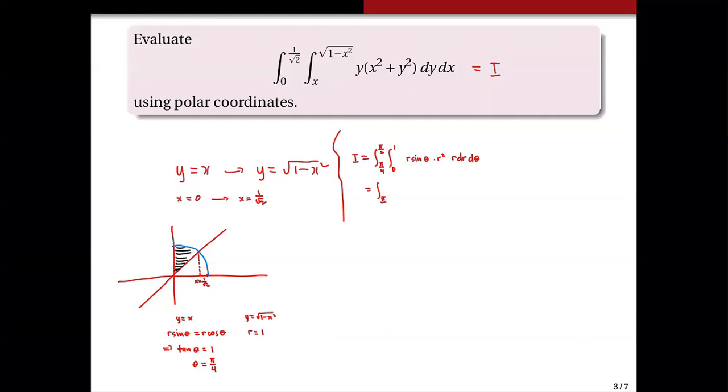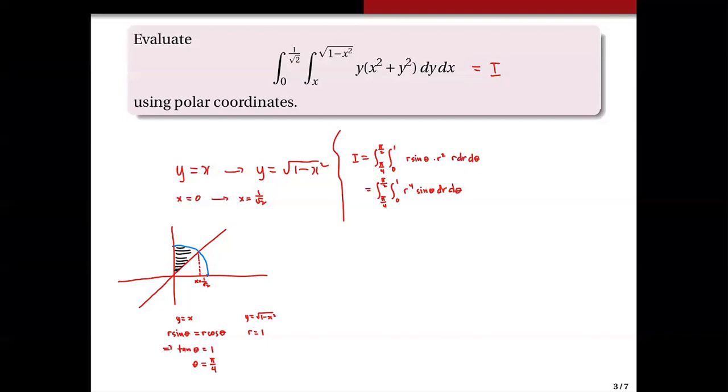We simplify first the integrand. So integral from pi over 4 to pi over 2, integral from 0 to 1, and we have r to the 4 sine theta dr d theta.